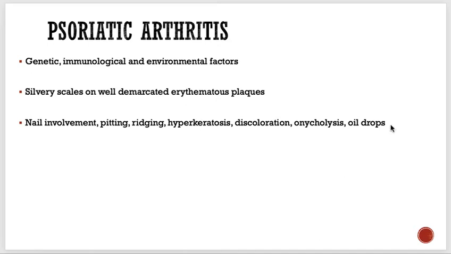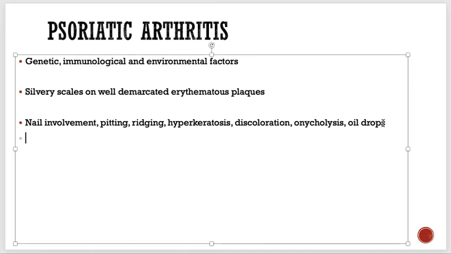So whenever we check a patient of psoriasis, by the way, never forget to see the head, and never miss the hidden areas like gluteal folds, umbilicus, hairlines, ears, all these things. Okay, we have to check.